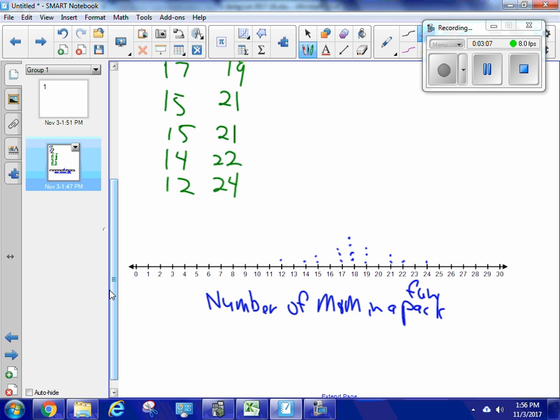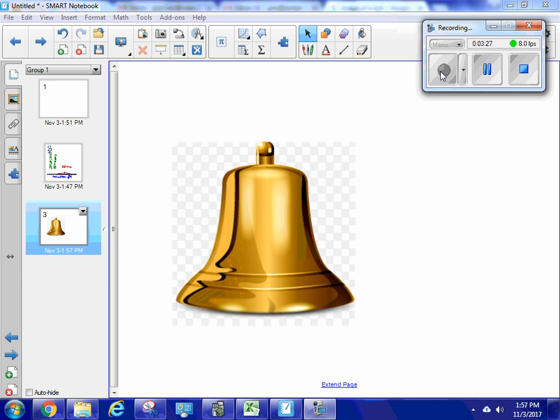And if you sketch out the shape of it a little bit, maybe you've seen this kind of a shape before. Sometimes we call that a bell curve, because it looks kind of like a bell. Maybe you can see why it looks like a bell if I look at this bell here.